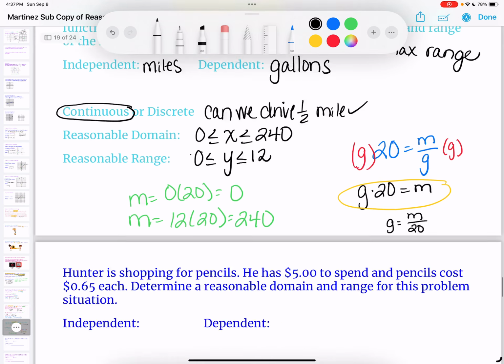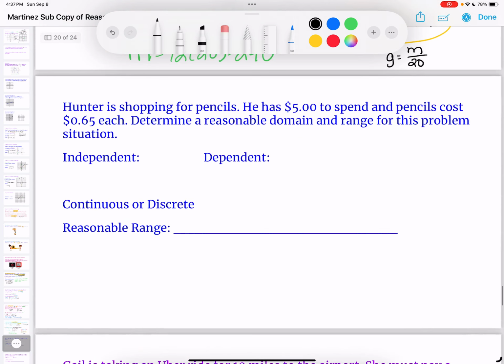Okay, so let's keep going on. Hunter is shopping for pencils. He has $5 to spend and pencils cost 65 cents each. Determine a reasonable domain and range for this situation. So we have pencils and money spent.